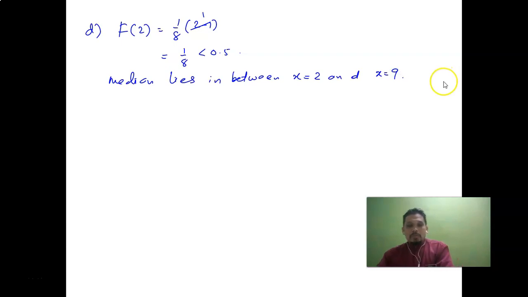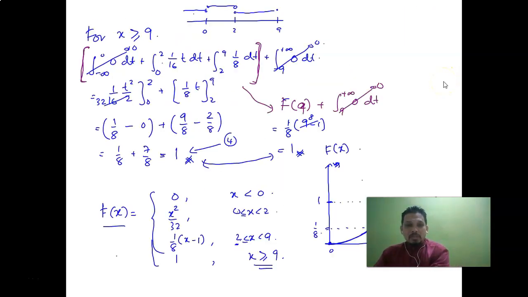So then the median lies between x equals 2 and x equals 9. So the function I'm going to use here is this one, 1 over 8 times x minus 1.